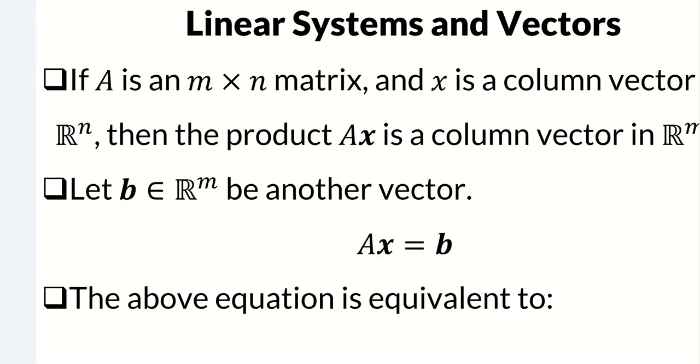Now let's talk about linear systems, which we will solve. So, linear systems of vectors. Now, if A is a matrix of dimension m by n, then x is a column vector, or you can also say it's an n by 1 matrix.